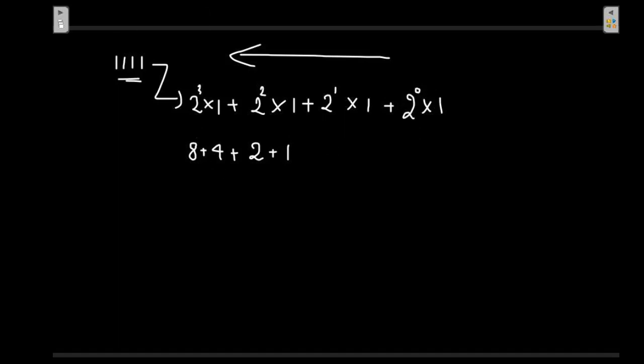So 8 plus 4 equals 12, plus 3 equals 15. So in decimal we write 15, and therefore we write 1111 as 15 in decimal.